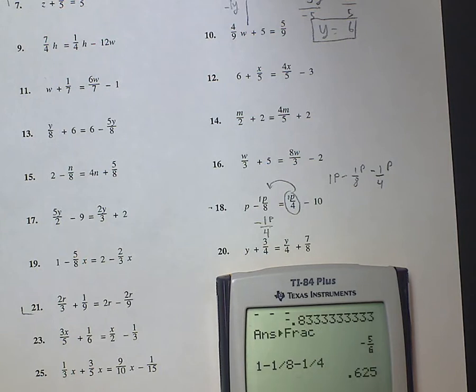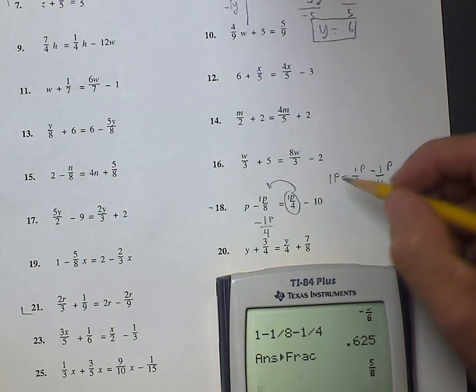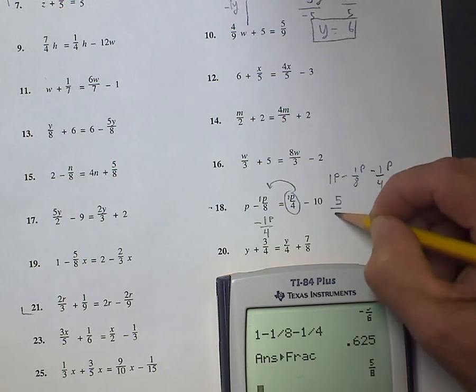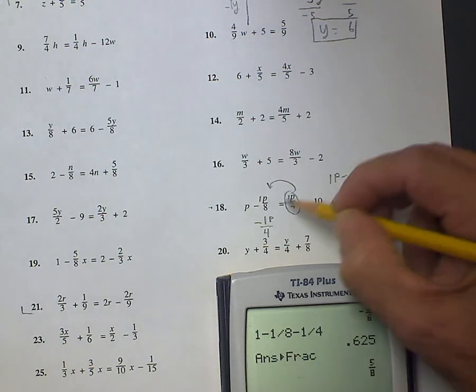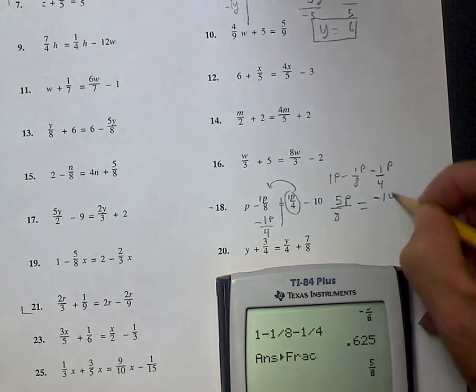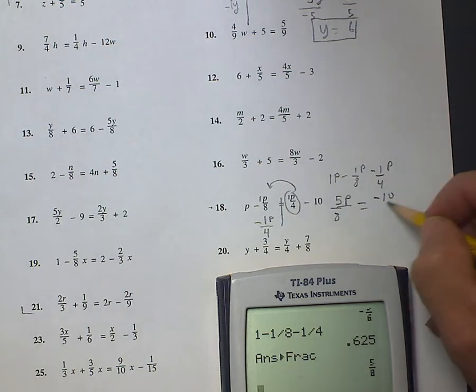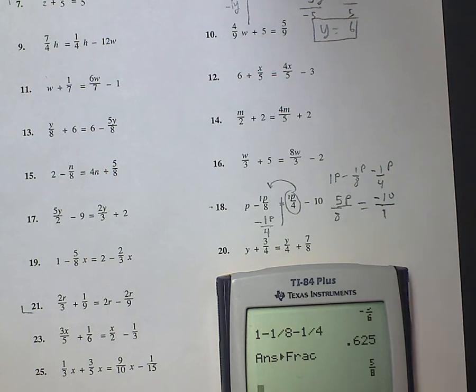What I have left behind is 5/8 of a p, p on top. And that's going to equal whatever's left over here, which is that negative 10. Just like yesterday, we're going to make that a fraction, so negative 10 over 1.